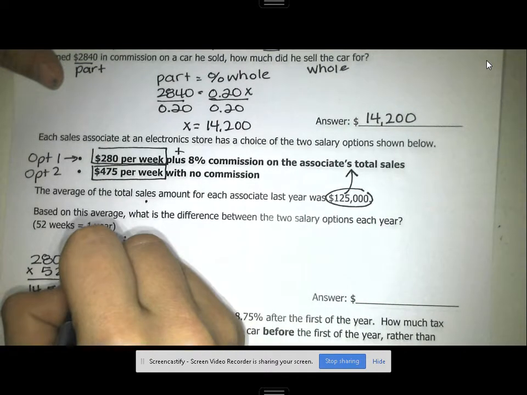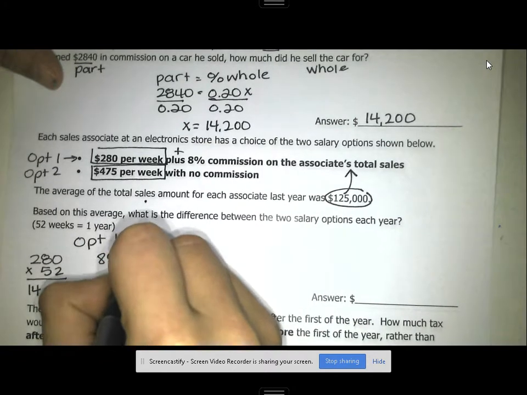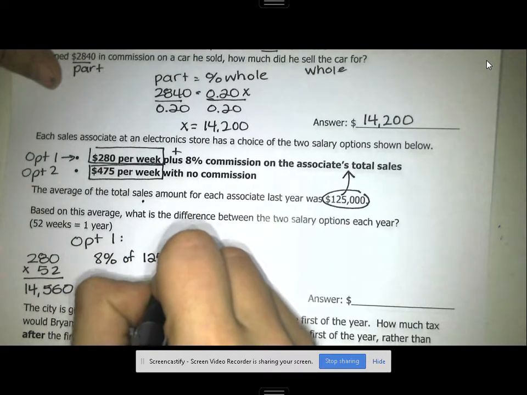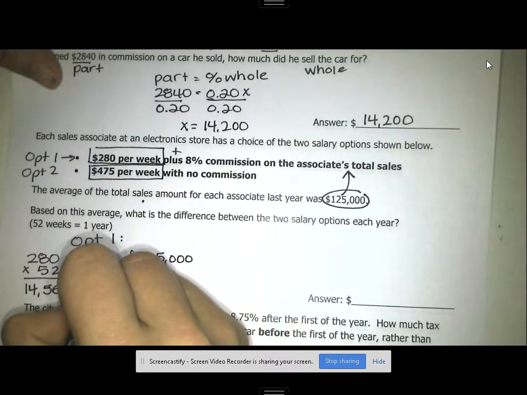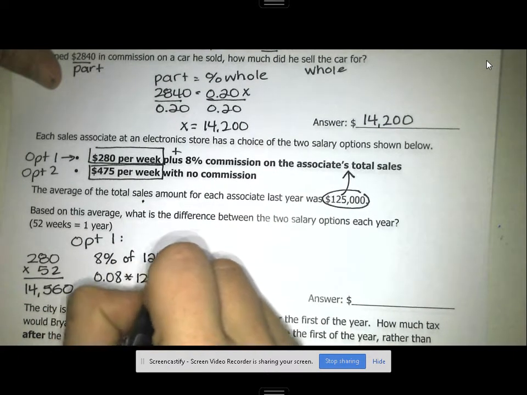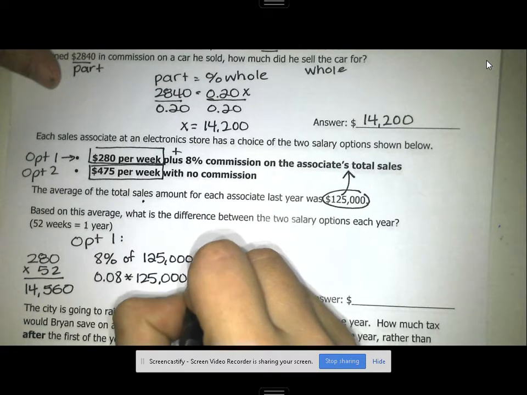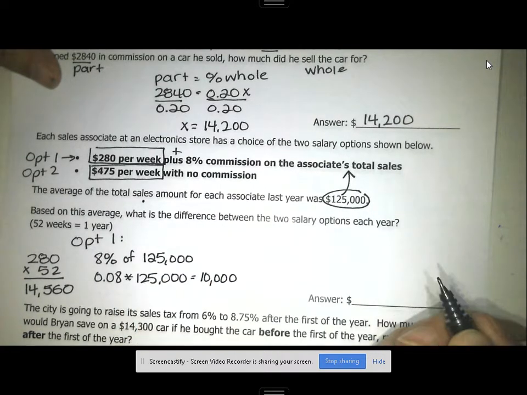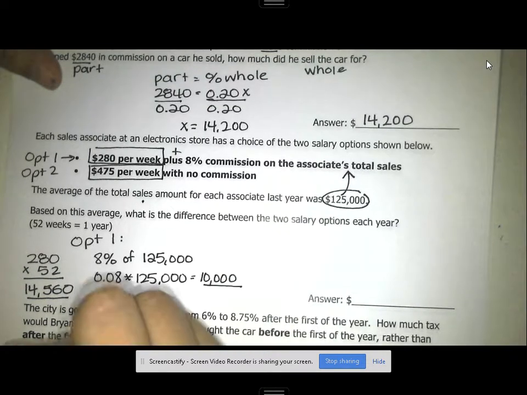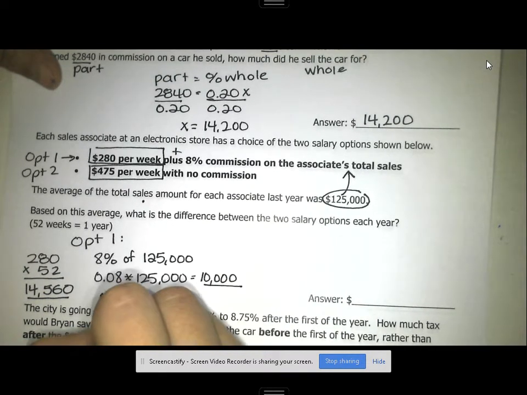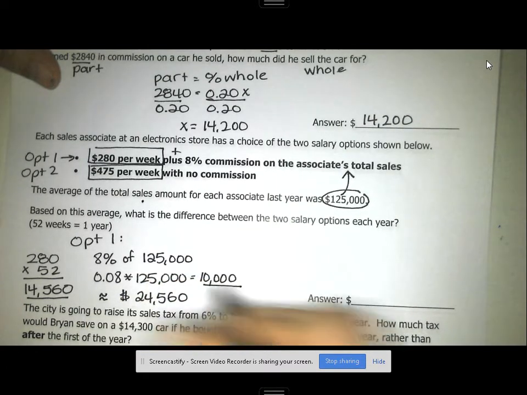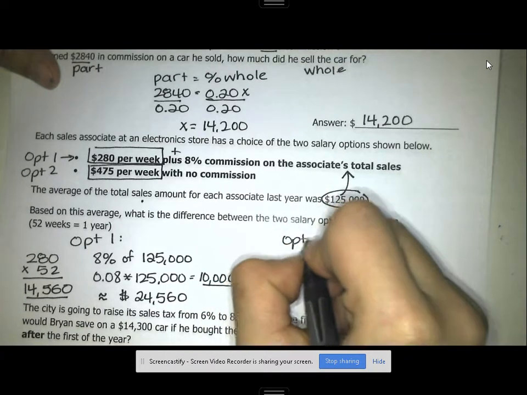And if you also get 8% commission, and you usually sell around $125,000 worth of sales, that means you get around $10,000 worth of commission. So if I add how much you get paid weekly with how much you get paid for commission, the salary for option 1 is around $24,560.